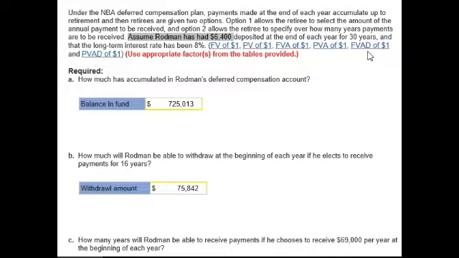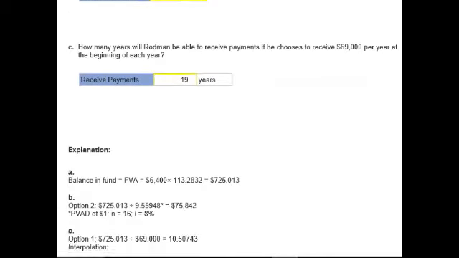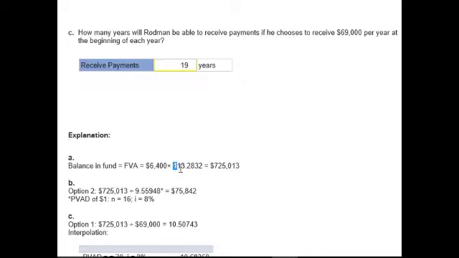So if we go to future value annuity table, and for me, I look up under 8%, and the number row will be 30 because we are talking about 30 years. So if I do that, I will get this particular rate.